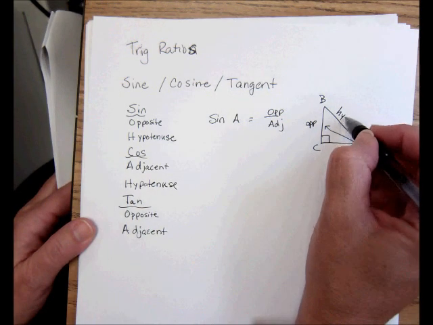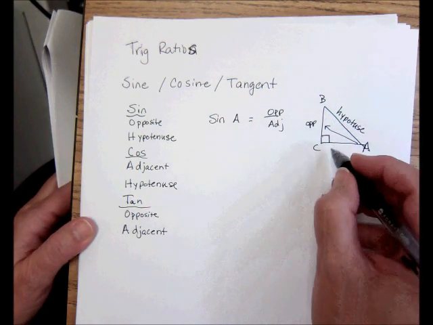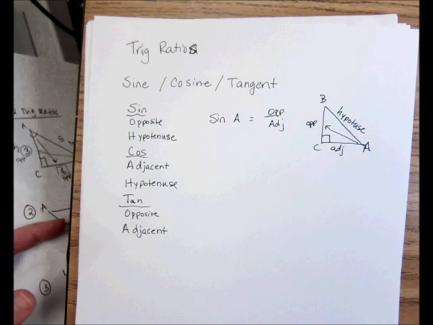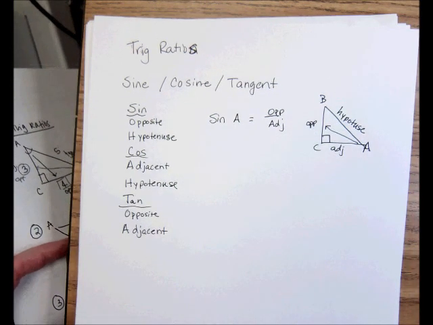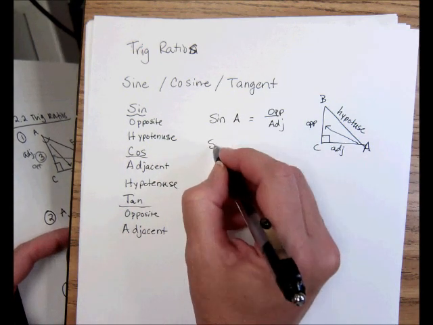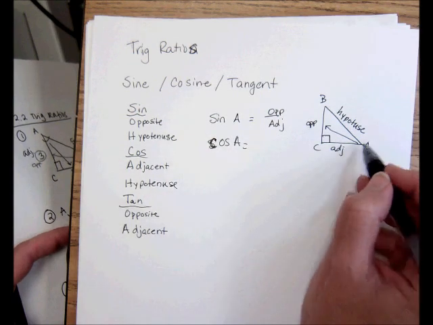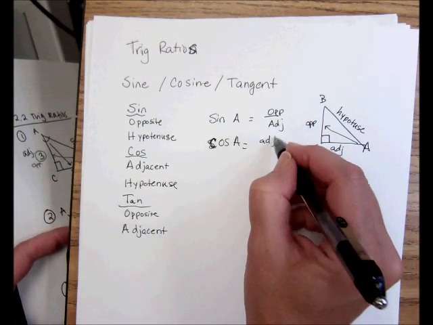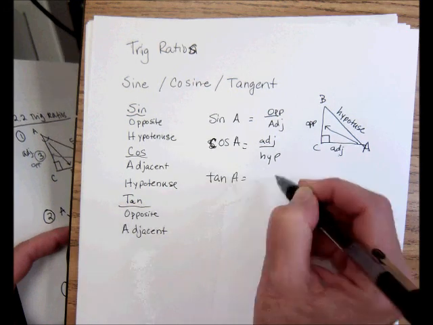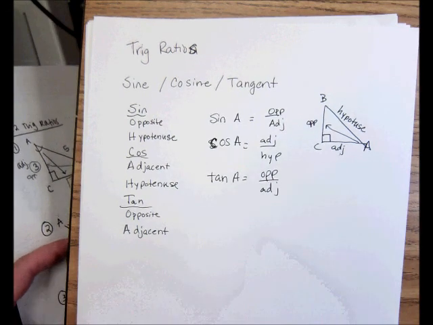The hypotenuse, of course, is always the side opposite the 90-degree angle. And the adjacent side to A is the one that the other side of the ray that touches the vertex A. Then cosine of A is going to be adjacent over hypotenuse, and tangent of A is going to be opposite over the adjacent side.